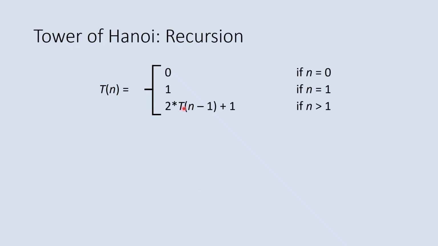is we will solve the n-1 problem once, then we move the big disk over, and then we solve the n-1 problem again. So how long does that take? 2 times the number of steps to solve the n-1 problem, plus 1 for moving the big disk over.